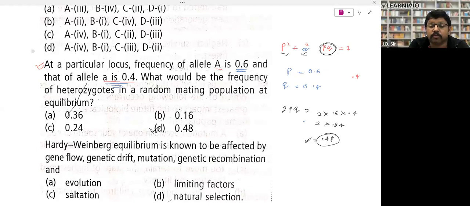In some questions, you will be given p square. By the way, they won't give you such difficult calculation in a biology question paper. But you have to take care whether they have given p, q square or 2pq to you, right? Depending on the value, you have to put the numerical values, and that's how you have to calculate. Got it or not, Aisha?